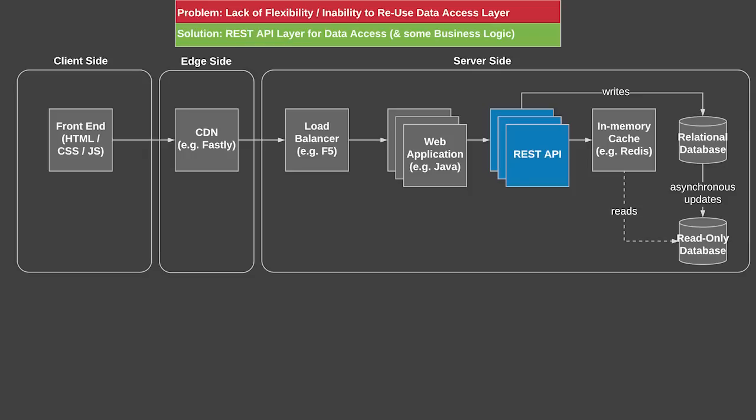So your web application should have less and less responsibilities, in particular regarding accessing data that sits on your relational database. And that's really good because it means you can also have other clients accessing your REST APIs like mobile devices.